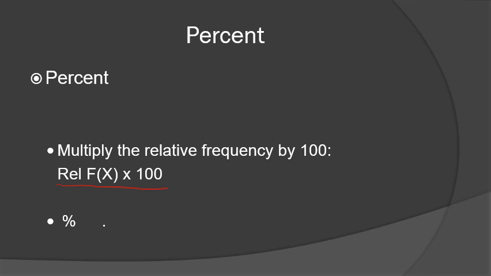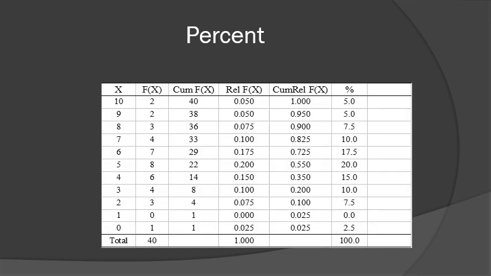Those relative frequencies we looked at before, those 0.0025, what does that mean? Well, when we convert it to a percent, you can say, well, that's a percentage of the whole. So we've got this percent column now. We took the relative frequency column, multiplied by 100, and get the percent column. So 0.0025 becomes 2.5.